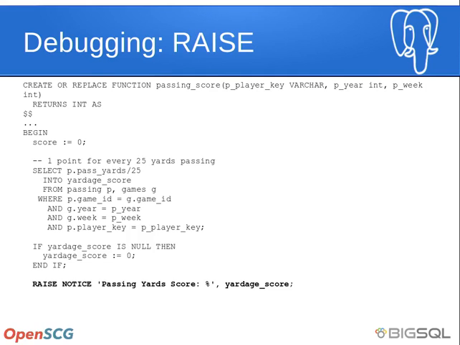So when you want to debug something like this, the normal thing that people do is put in something like raise notice. This way, we run that function, and we want to see what the yardage score is at that given point. We do a raise notice, and it spits out a debugging message when you run it. And we can see what the value of yardage score is at that particular point in time.